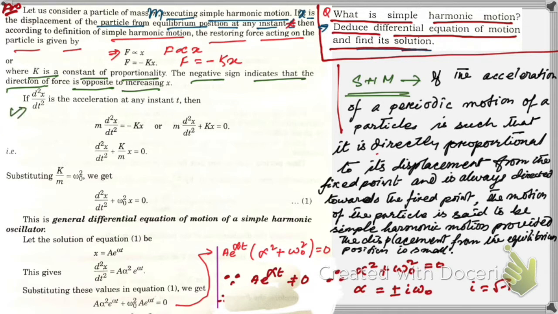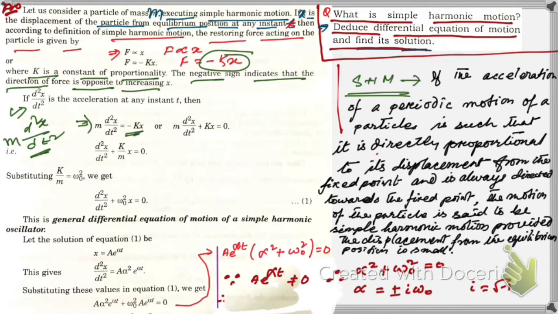Acceleration is given by the second order derivative. If x represents position, dx by dt represents velocity, and the second order derivative represents acceleration, right? Mass into acceleration represents force, which in this case is minus kx. So we have m d2x by dt2 is equal to minus kx.